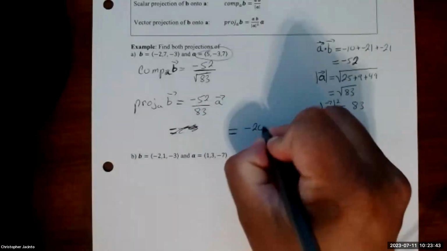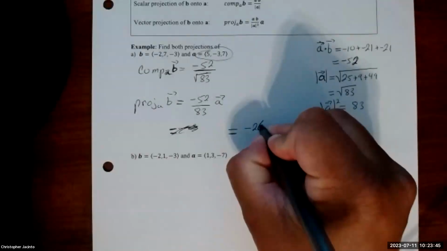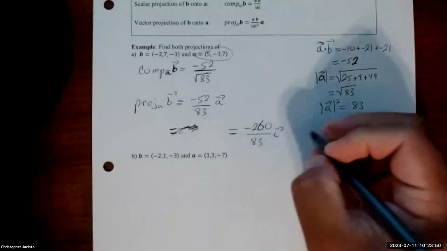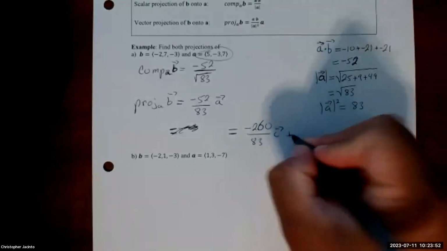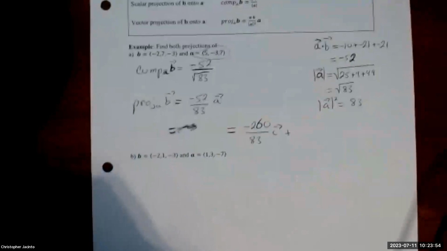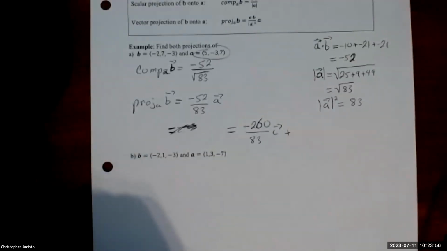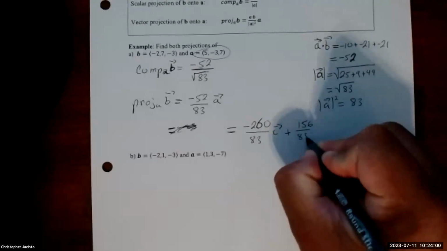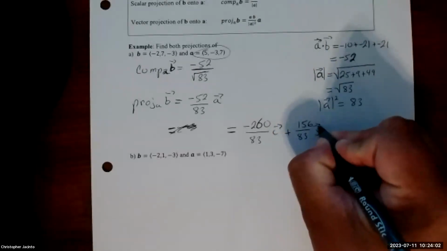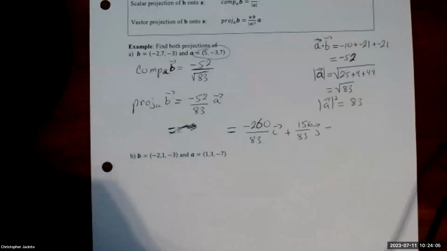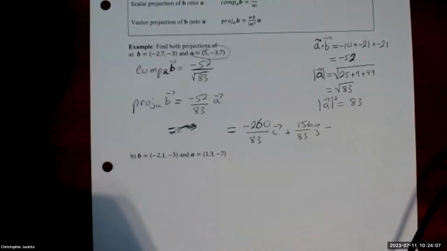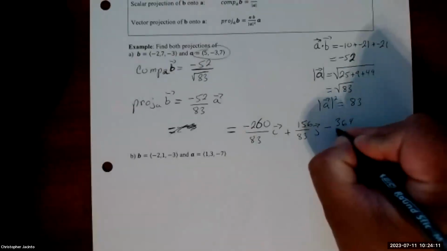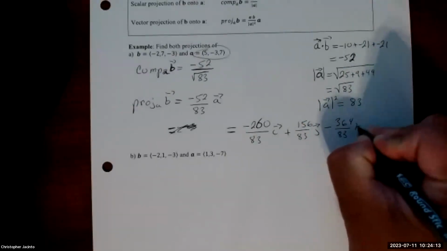So -260 divided by 83 i, plus 3 times 52, positive 156 over 83 j, and then minus 364 over 83.